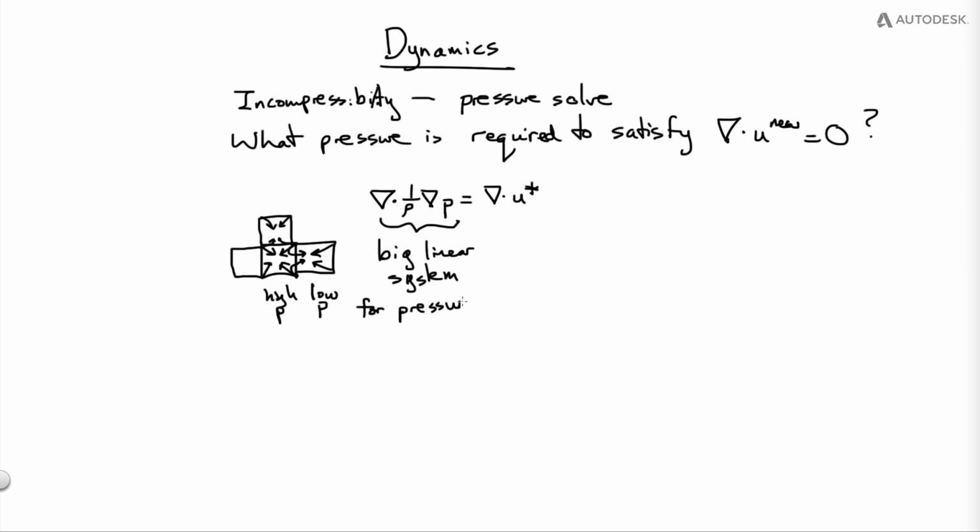And we'll have a pressure for every grid cell in the tile tree that is an unknown that we have to solve for. That system can be expensive and slow to solve if we were to do it with traditional, or the old methods like Gaussian elimination that maybe you learned in high school.